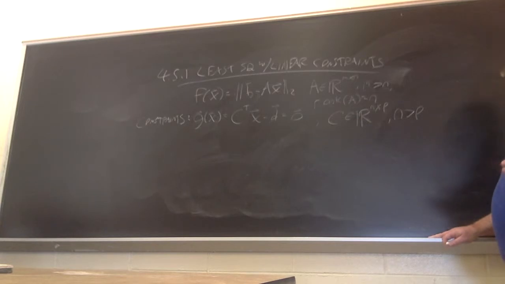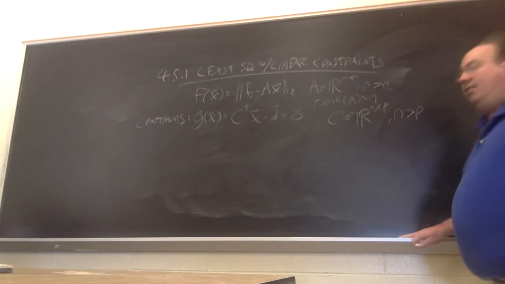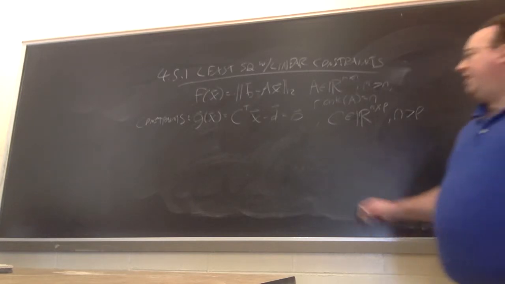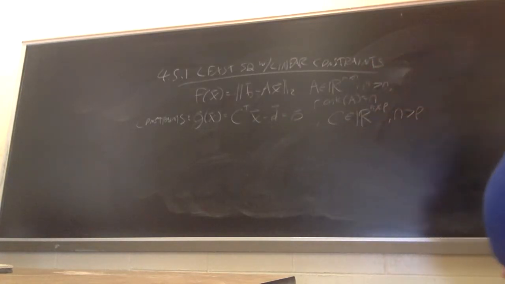Your unknowns, the x's in that case, would be the coefficients of these many polynomials, and you want to relate these coefficients in such a way to guarantee continuity of derivatives, and that's where these kinds of linear constraints come about.